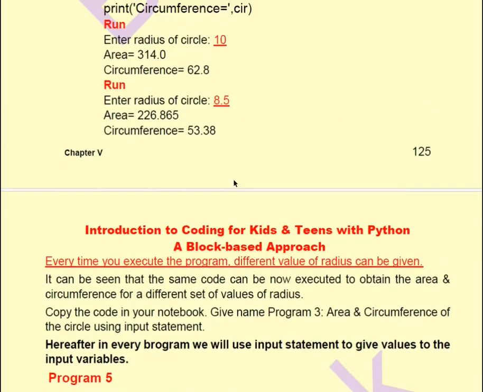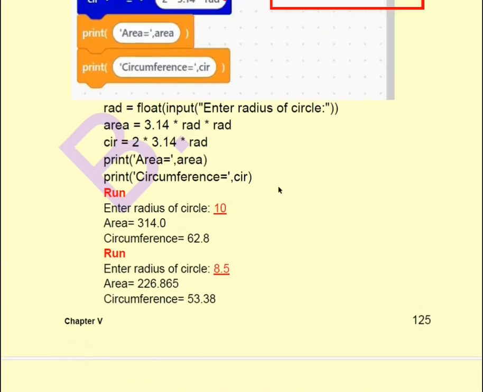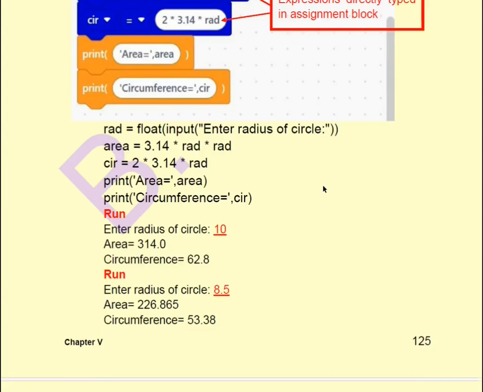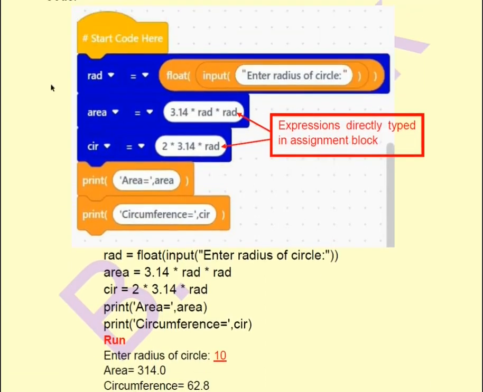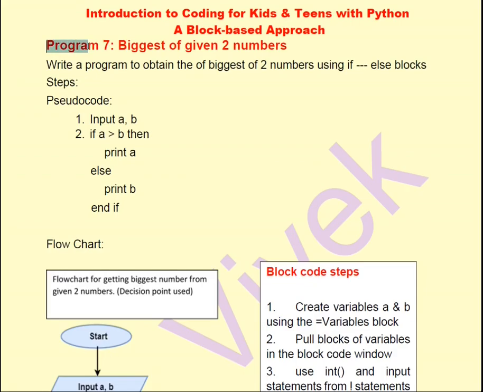Every time you run the program, you can supply a new value of radius and you will get the corresponding area and circumference. There is no need for you to make any change in the code. Just keep on executing it again and again for getting the area and circumference of different sets of values of radius.